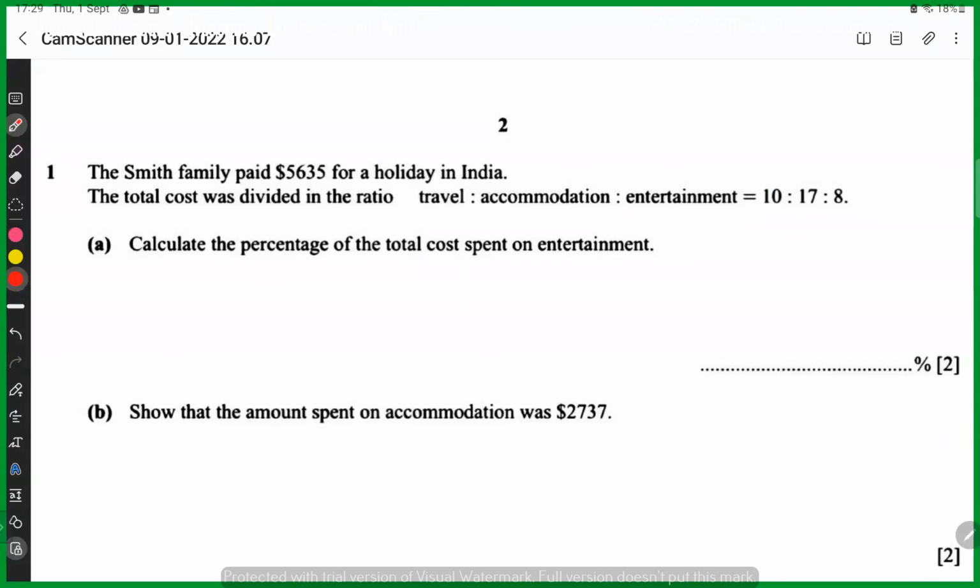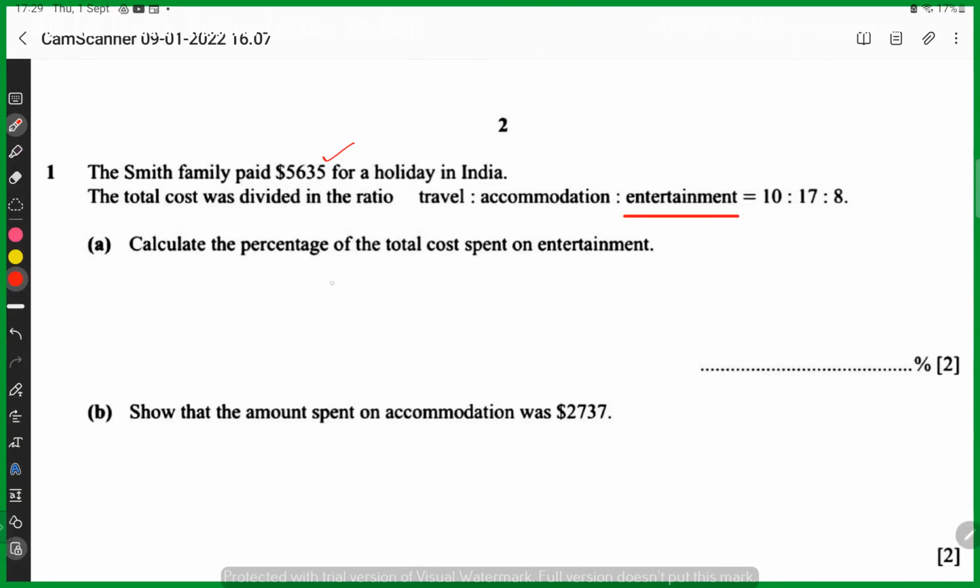Let's read the question. Calculate the percentage of the total cost spent on entertainment. So I do know the total cost. Now I need to find the total cost for entertainment, and then I need to find the percentage. As I've told you, we need to have ratios.